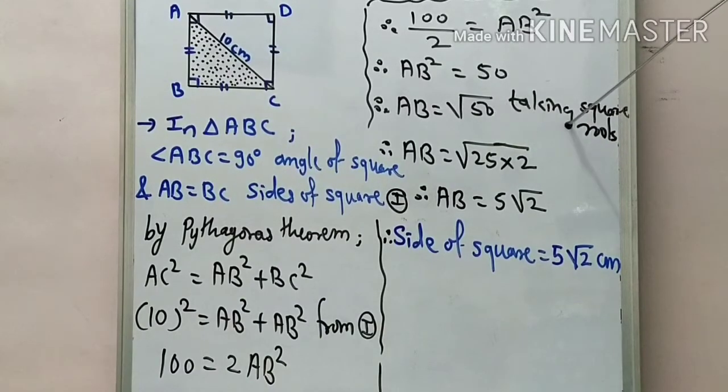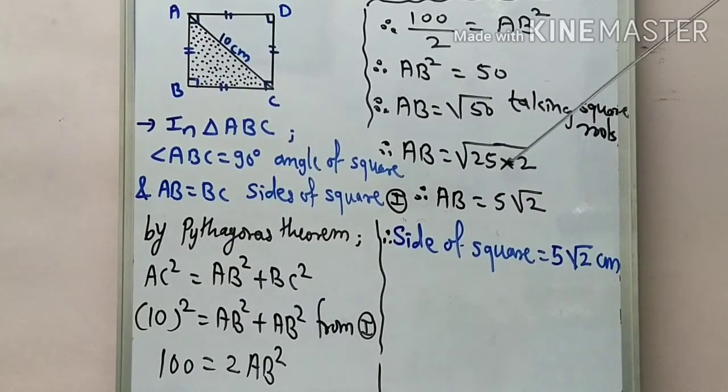Taking its square root, AB equals root 50, but 50 is factorized so that one factor gives a perfect square: 25 into 2, and the square root of 25 is 5, and hence AB is 5 root 2. AB means the side of the square is 5 root 2 centimeter.